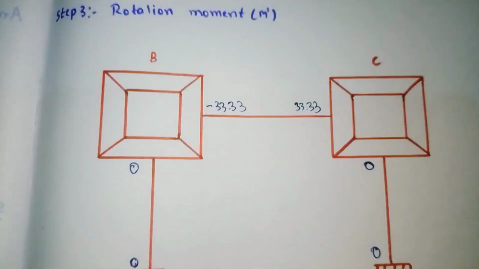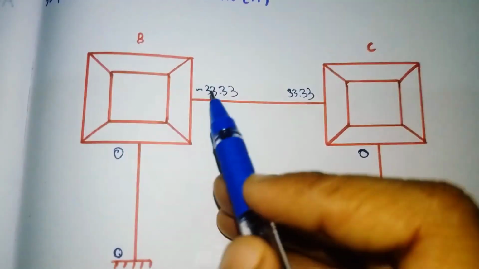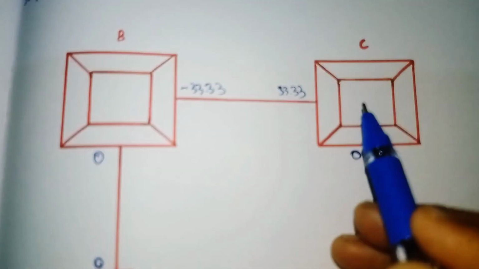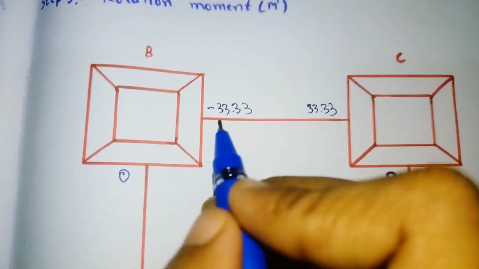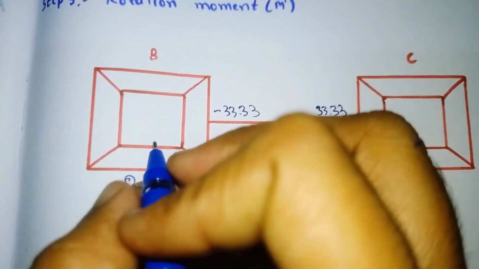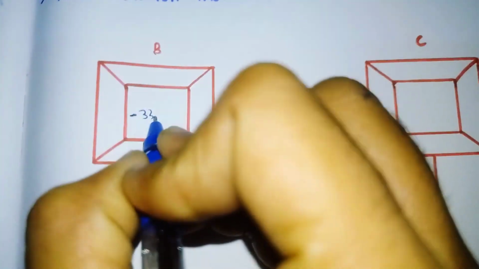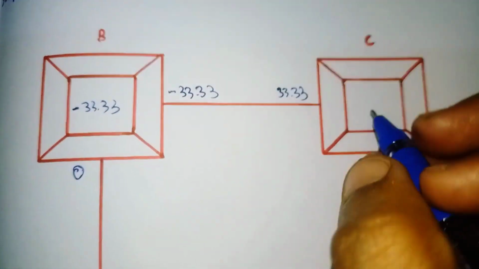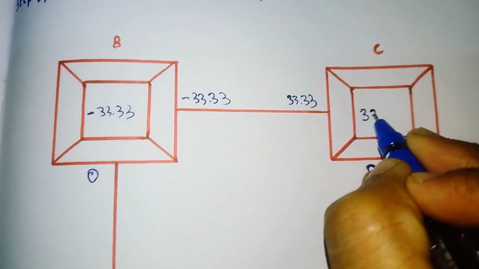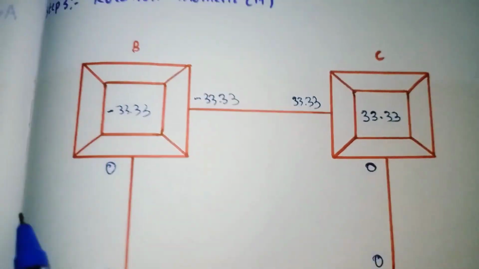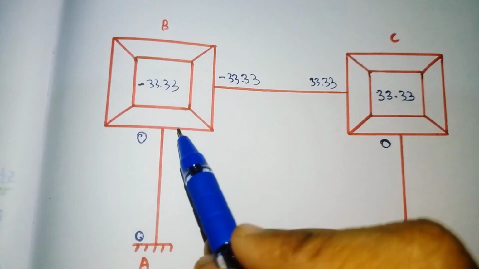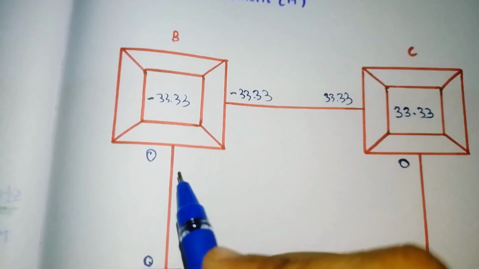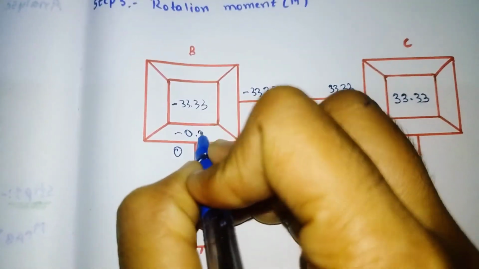Now, the second step is to add these two and write it in this box. Add these two, write it in this box. So 0 plus minus 33.33 will come out as minus 33.33, and here also it will come out as 33.33. Here write the rotation factor of BA, which we got was minus 0.27.